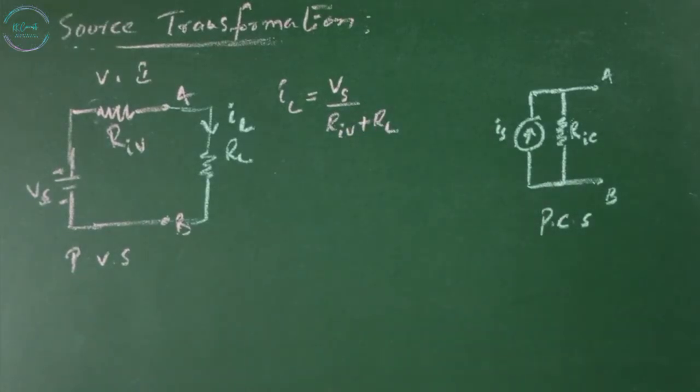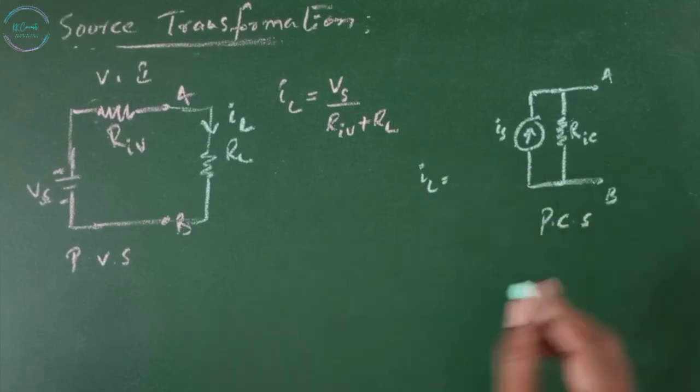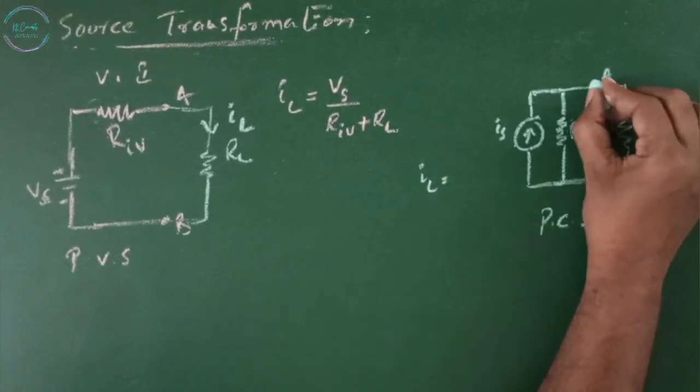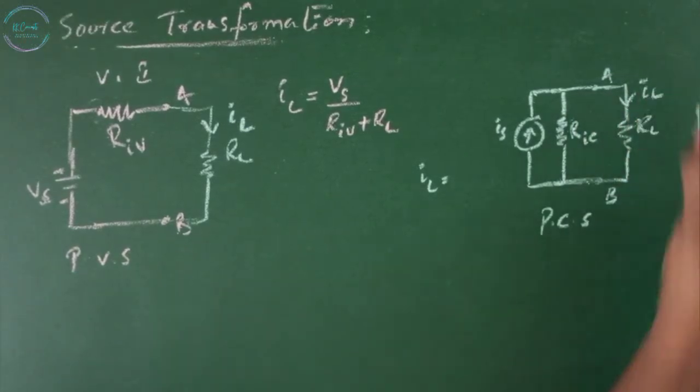Since in a series circuit the current is constant, we are taking the source voltage. In this circuit, I'm again connecting a load RL between the points A and B, and I'm having the current IL.